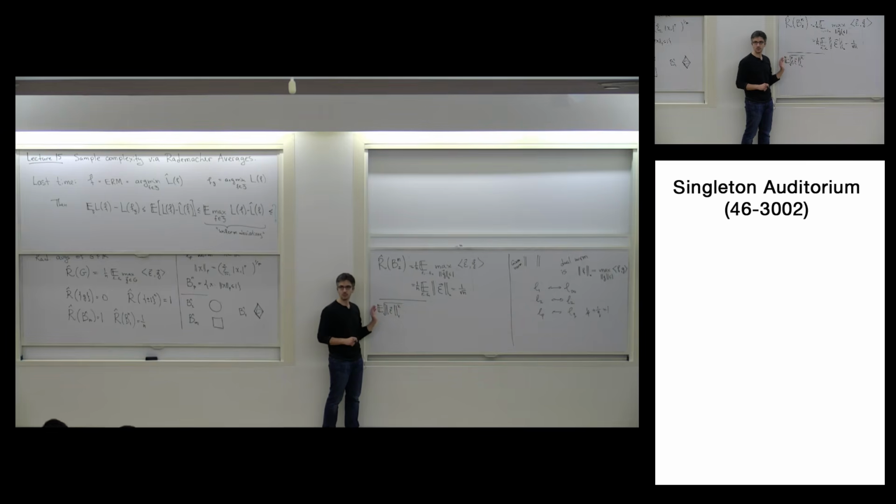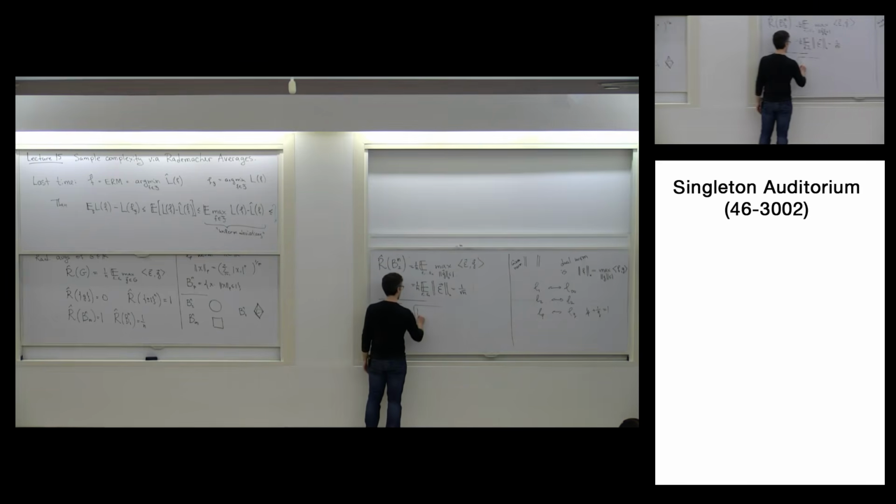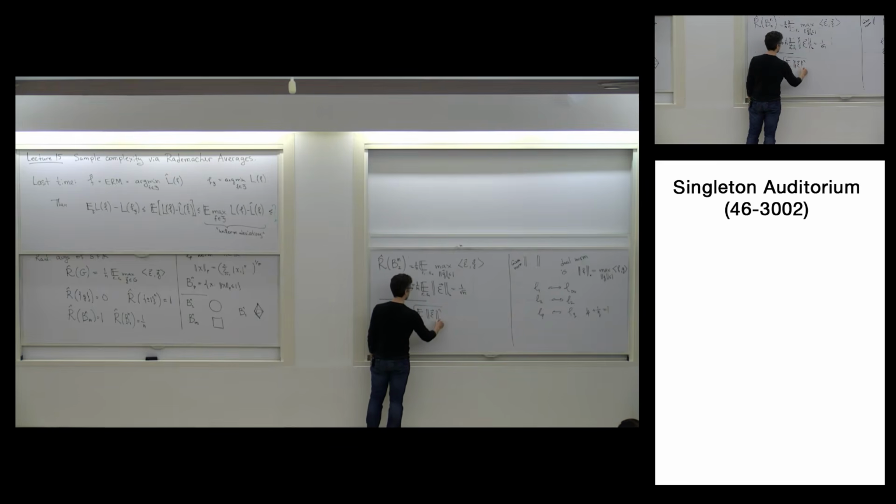So Jensen's inequality, which you're hopefully familiar with, tells you that the expectation of a concave function is less than the concave function of the expectation, right? So that's upper bounded by square root of the expected norm of epsilon squared.